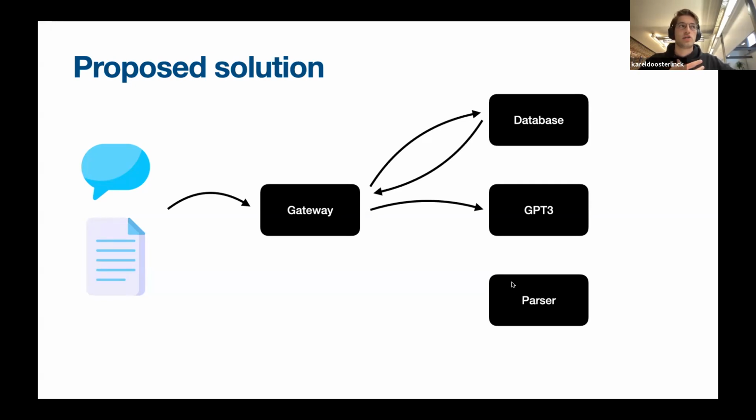The thing with speech is people will not always adhere to a structured format, or even if they talk in a structured format, the speech detection might lose a few words, so you can't assume that your input is structured. That's why we need this database and this AI model to translate it and to get the structure back. And so that gets sent back.